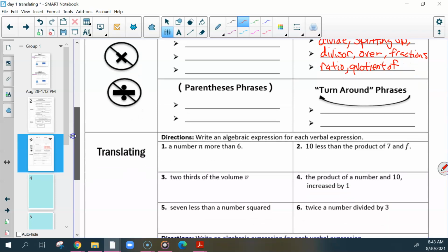Right? And then there's a couple of these, some of which are repetitive of what we saw before, but they mean a certain thing. So parenthesis phrases are all of the quotient, sum, product, difference. With the word of: sum of, difference of, product of.